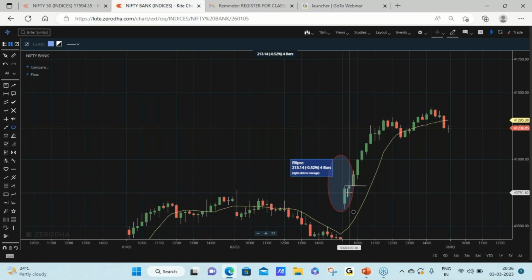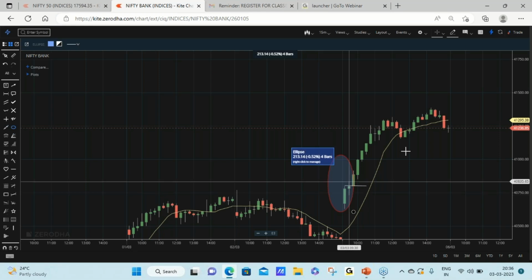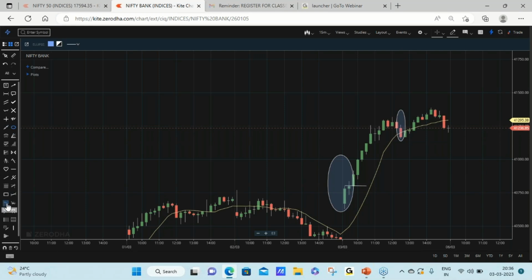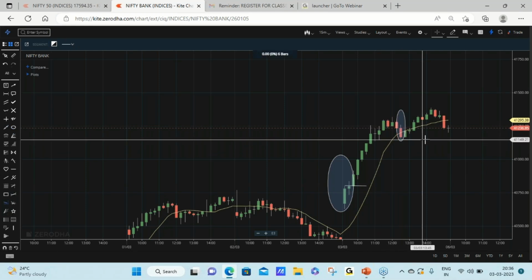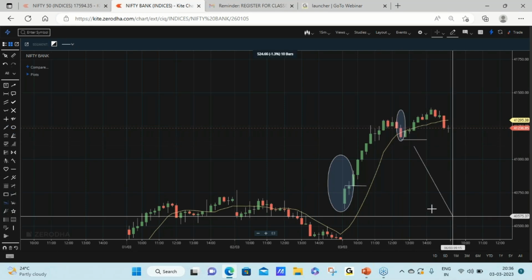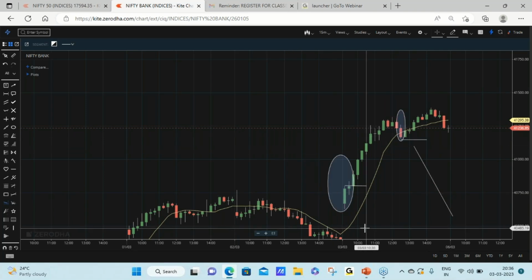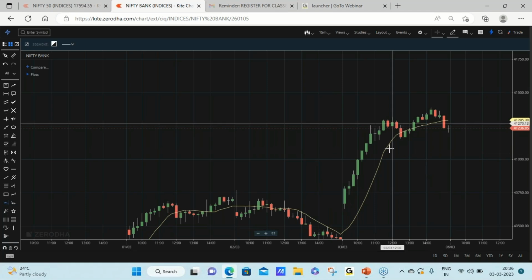Is that clear? Likewise, if I take this example, candle closed below 10 SMA, but do you have any candle breaching the low to initiate a sell trade? So there are two confirmation levels, right? The first confirmation, yes, the candle closed below 10 SMA, but the low of that is not breached. So then it's a false trend.